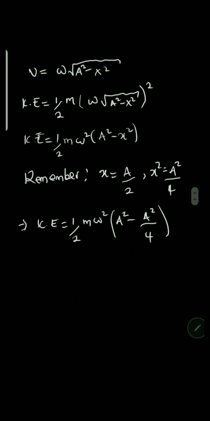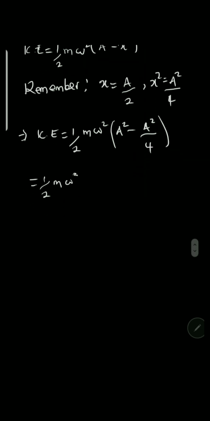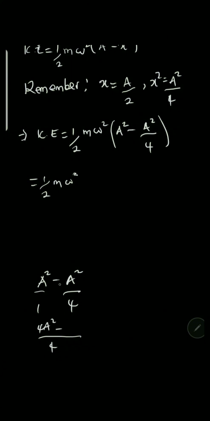So we proceed with our problem. This is equal to half mass angular frequency squared. Now we can do a rough working for what we have in brackets. So find a common denominator, which happens to be 4. 1 into 4 is 4 times a squared, that is 4a squared, minus 4 into 4, 1 times that gives us a squared. Then 4a squared minus a squared gives us 3a squared divided by 4.